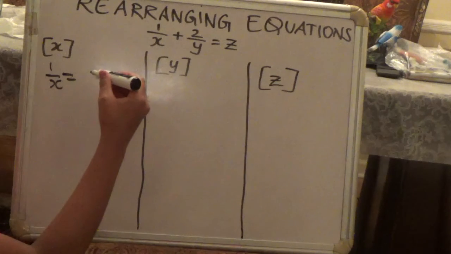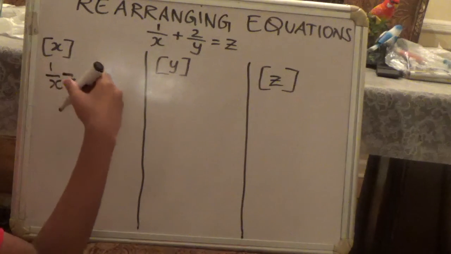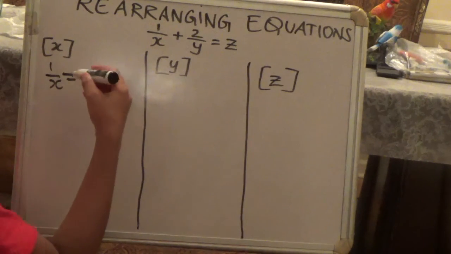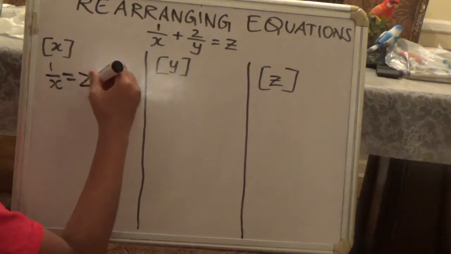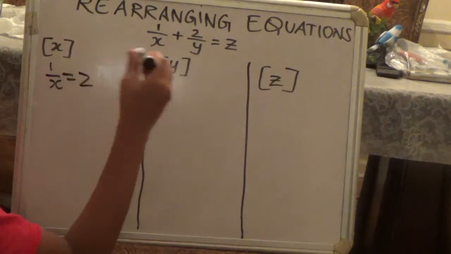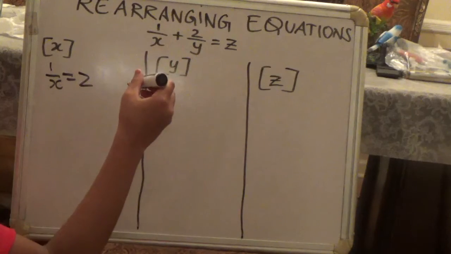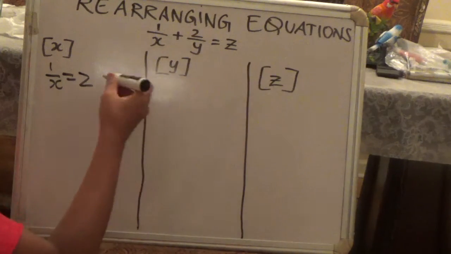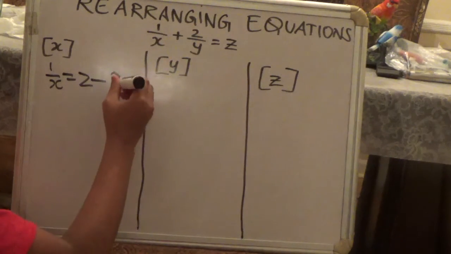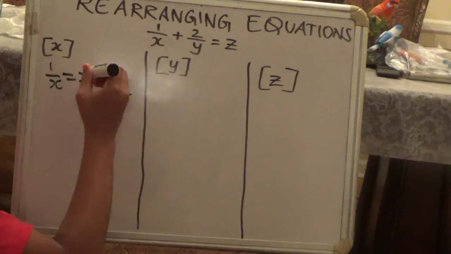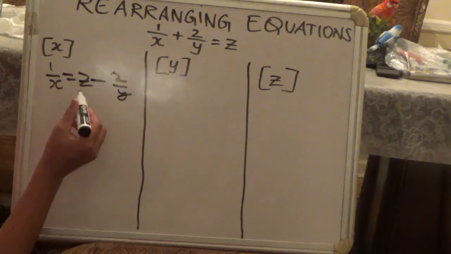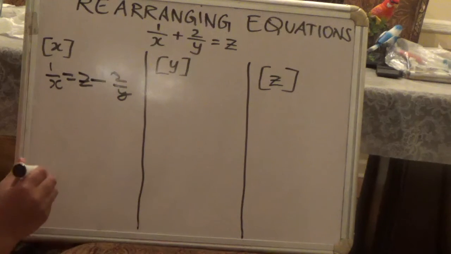Isolate means leave it alone, sad and alone. Okay, so 1 over x equals z. Since you subtracted 2 over y from one side to cancel this 2 over y, you have to subtract 2 over y on that side. I'll be writing z with a line through the middle so you don't confuse it with 2.